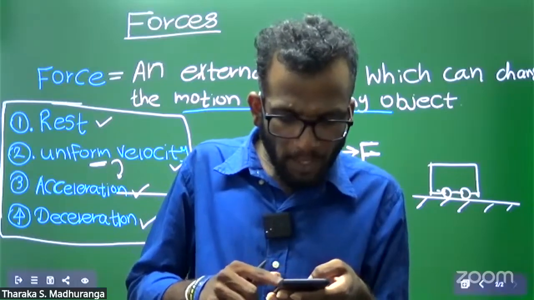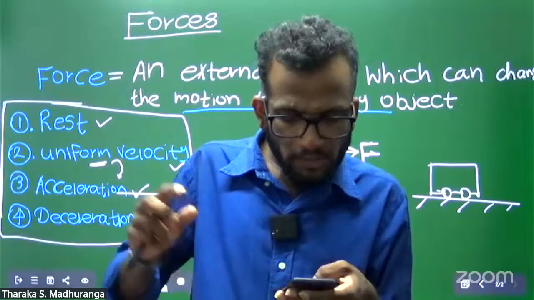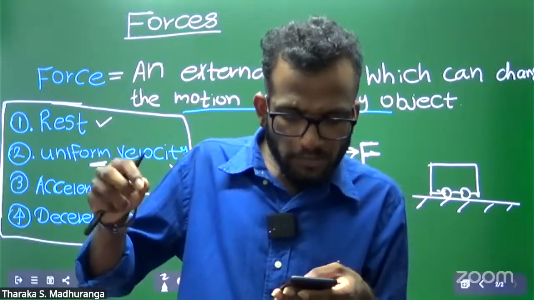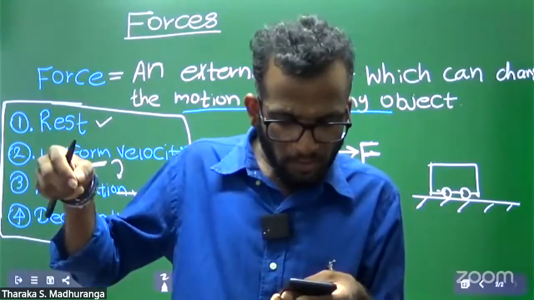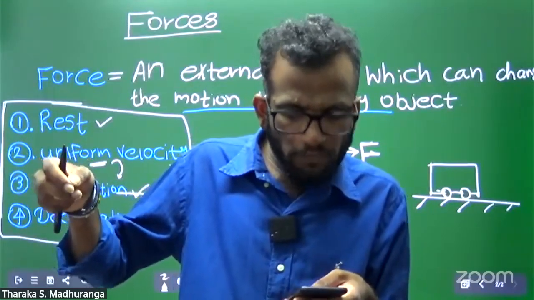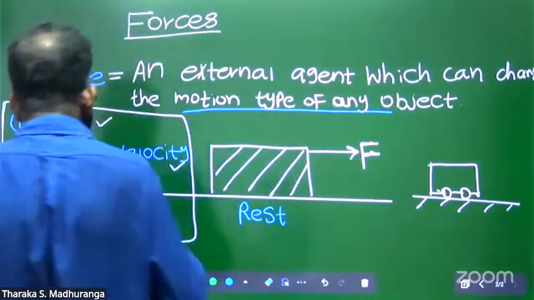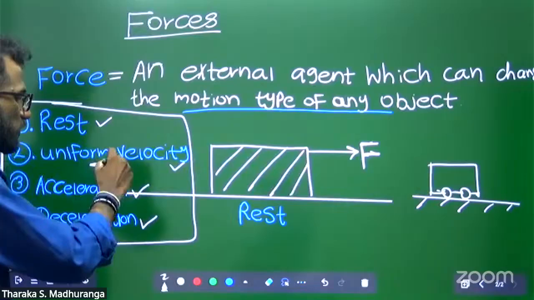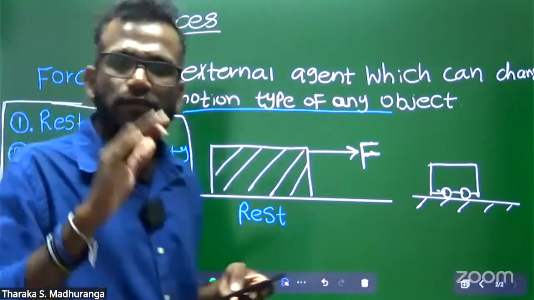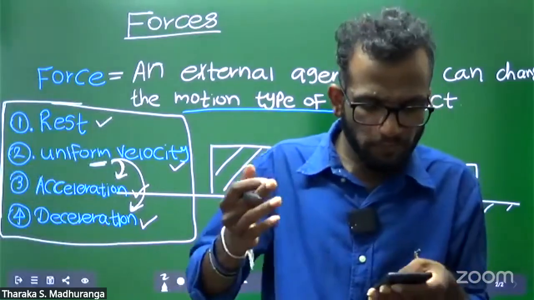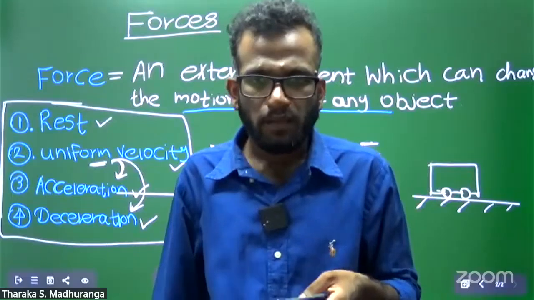That is, applying a force can move a stationary object, bring a moving object to rest, or change the velocity of a uniform velocity object. Change the velocity means it converts into deceleration or acceleration. That's the meaning of the force. I only explained the first two sentences.